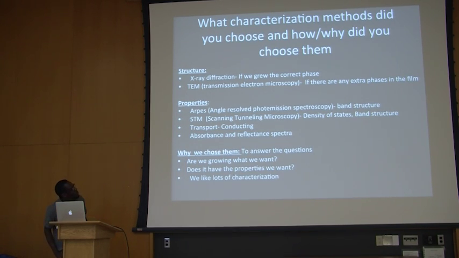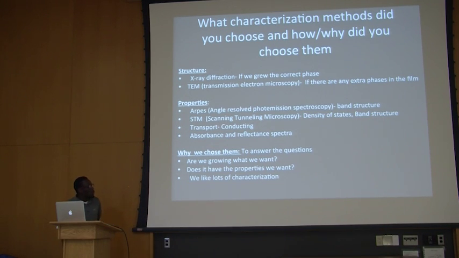The properties that we expect to see are the band structure, the density of states, the conductivity, and the absorbance and reflection spectrum. And why did we choose this method?